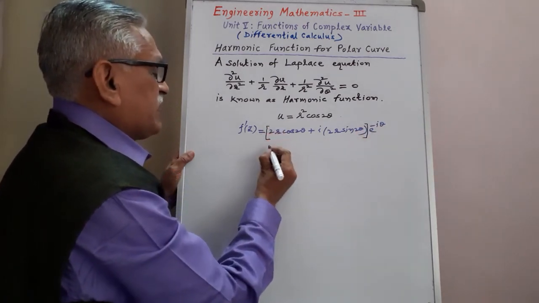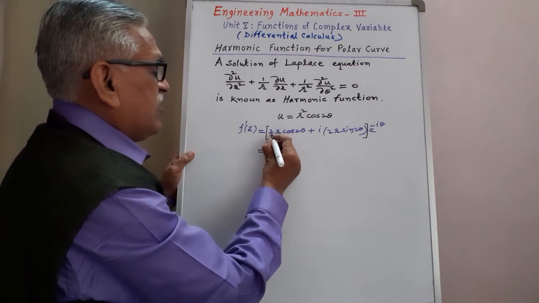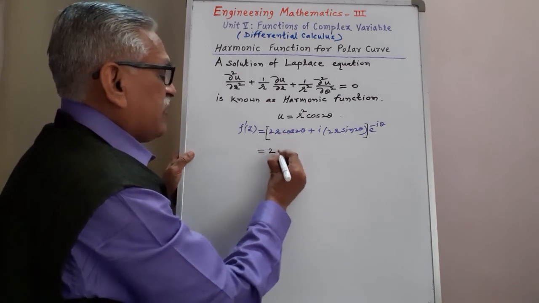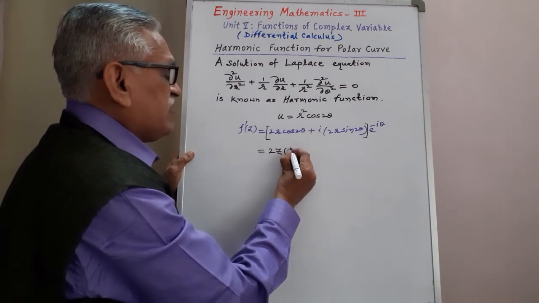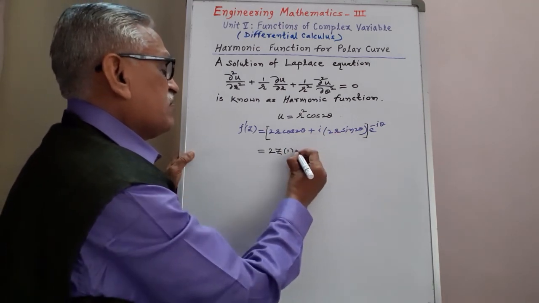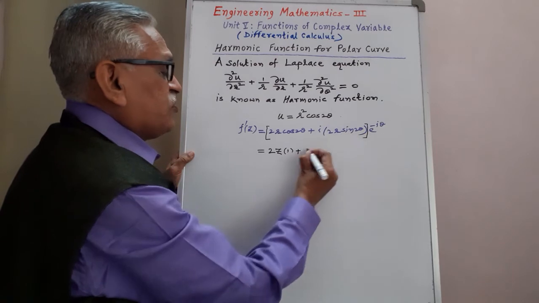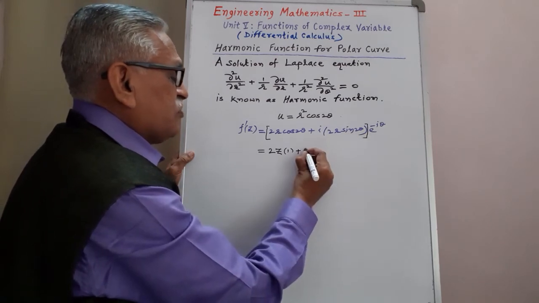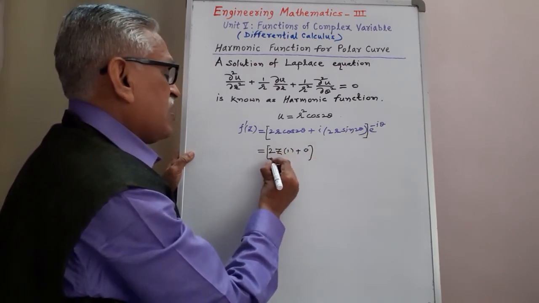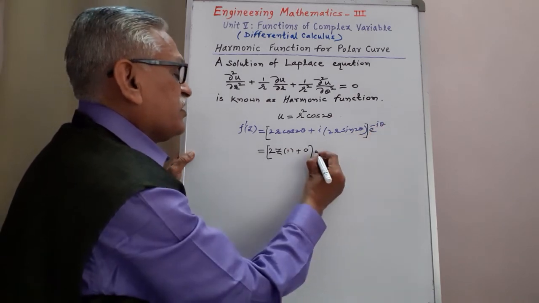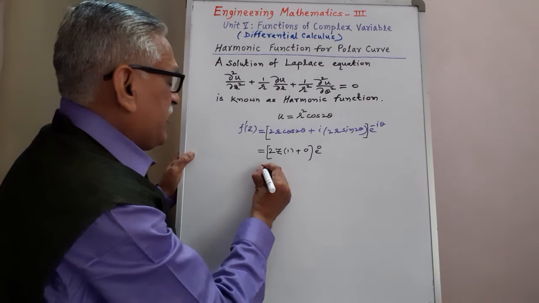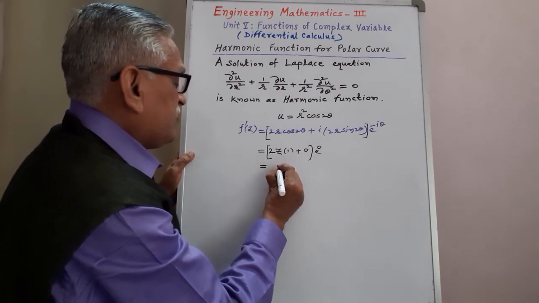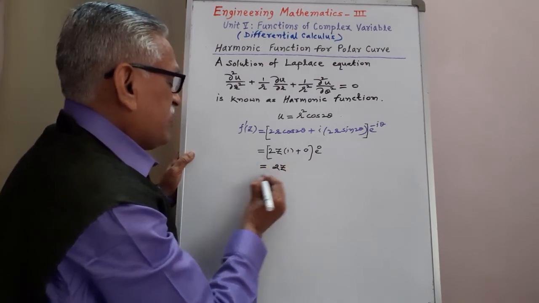We have here 2, r is z, cos of 0, cos 0 is 1, sin 0 is 0, therefore that term becomes 0, and theta 0 means e raised to 0, e raised to 0 is 1, and therefore we get f dash of z as 2z.